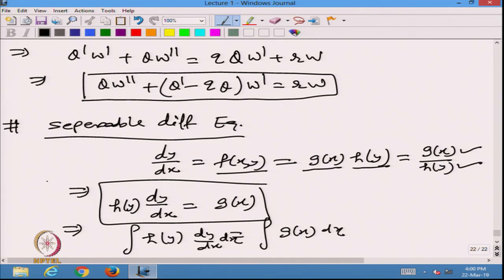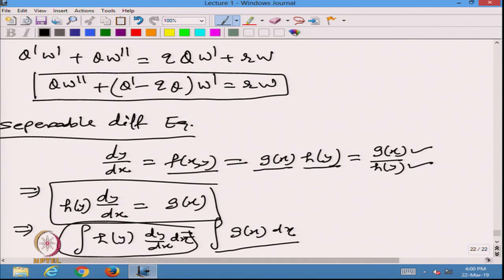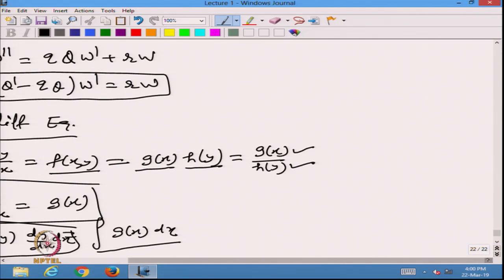Now I want to solve this differential equation. It can be solved because here it is integrable, but how do we solve this one? So, we further simplify this. I want to write this in the form of d by dx of F(y(x)) is equal to g(x).